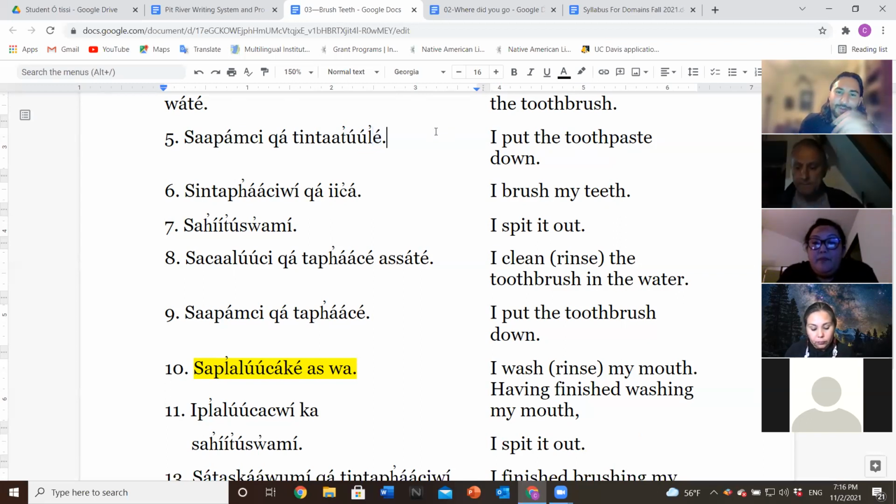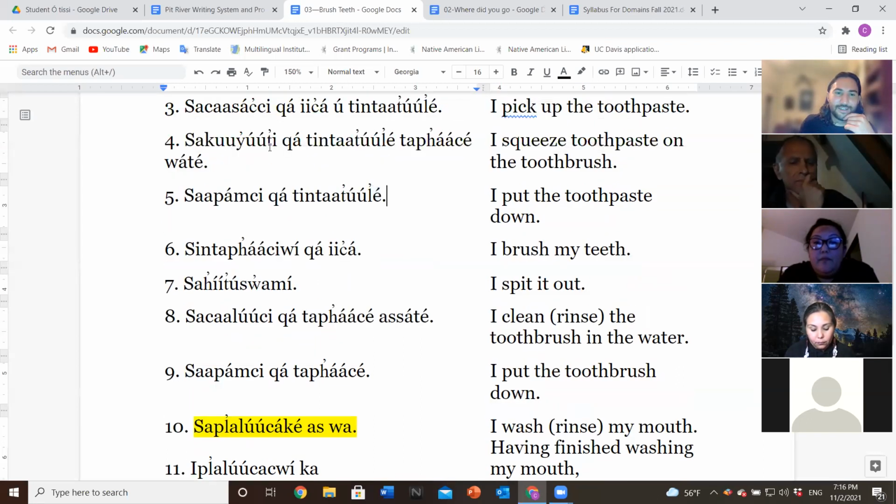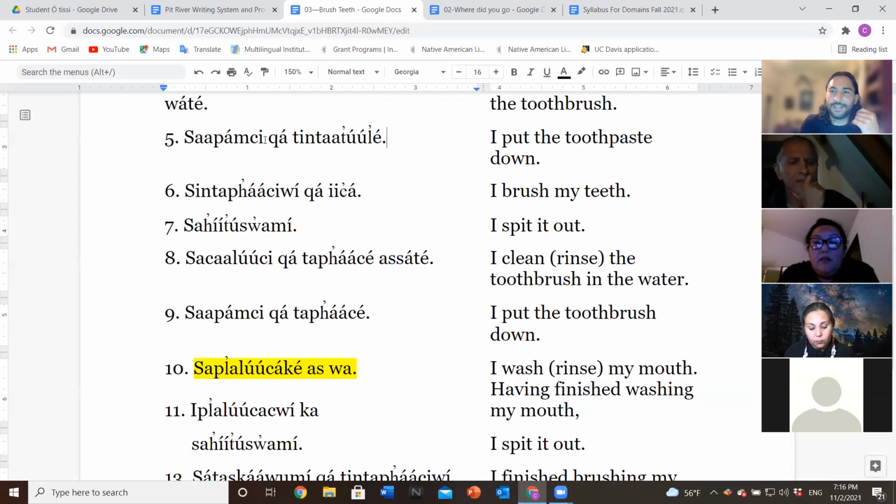So that's why I'm making sure you pronounce those. If it was sapamche, that would be the thing that puts down. That's why it's sapamchi, because it's like I put it down.